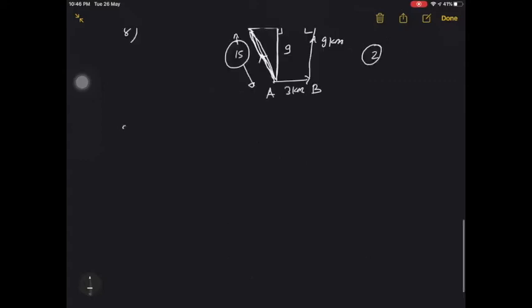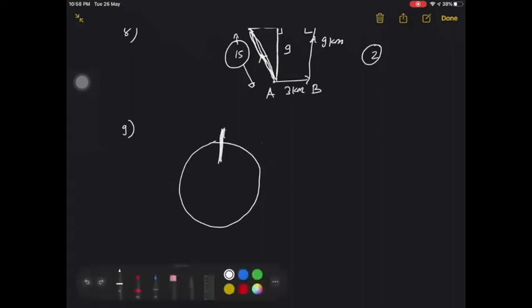Let's go to question number 9 now. At what time between 3 and 4 o'clock are the hands of the clock together? Let's understand a clock. So if I draw the clock like this, let's say the minute hand will start from here and the hour hand will start from here.